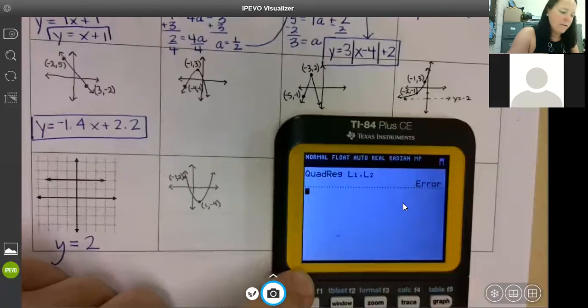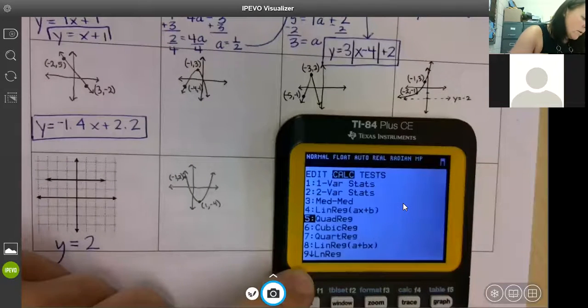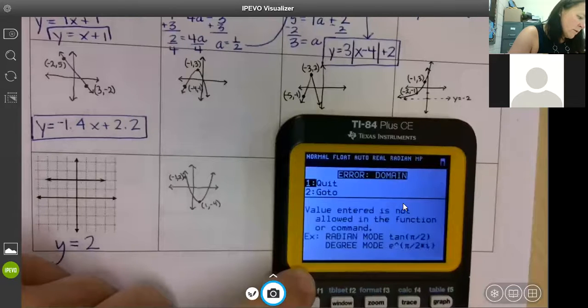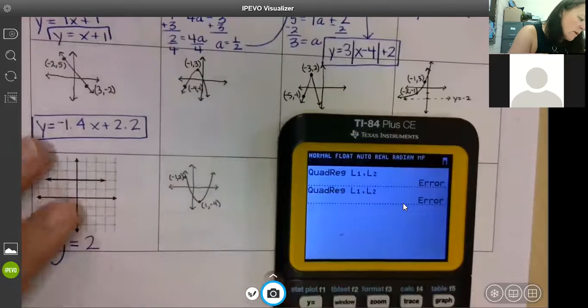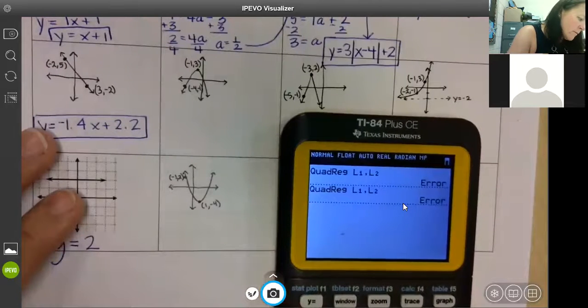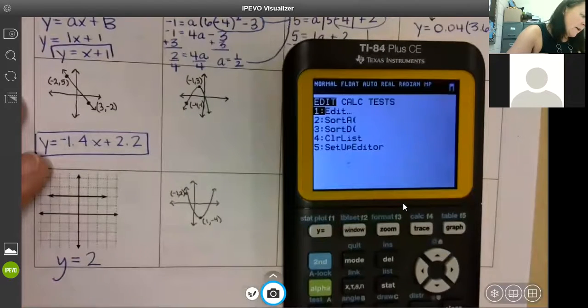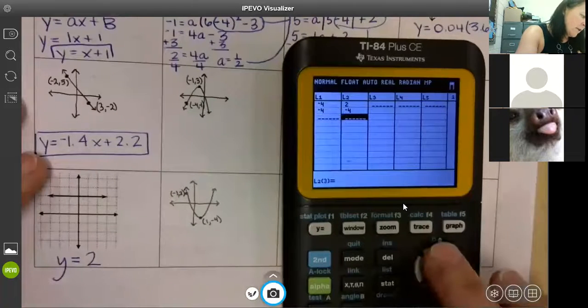Hold on, let me see what happened. Stat, edit. -1, 2, 1, -4. I'm not sure what's going on. L1, L2, quadratic. Let's see. It's doing something weird. Let's do the other one and see what happens, and I'll do this one by hand. Stat, edit. If anybody else's calculator is not doing that, let me know.